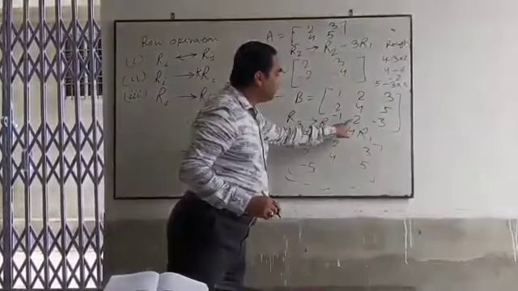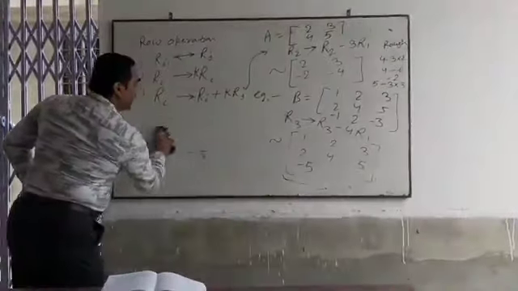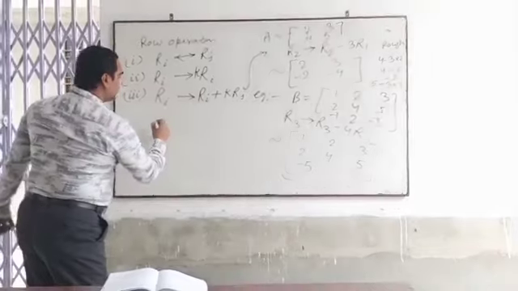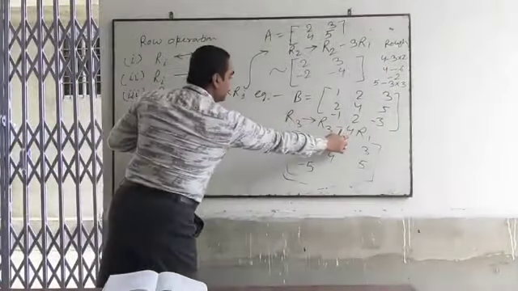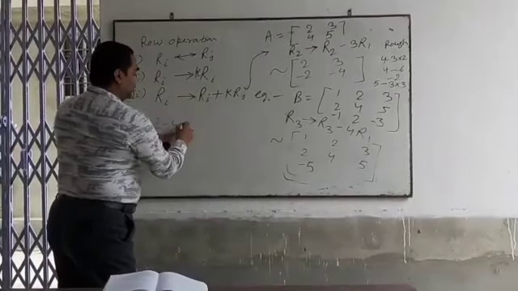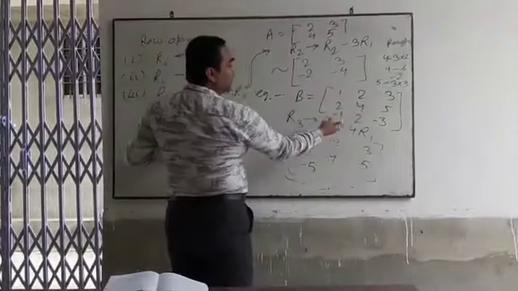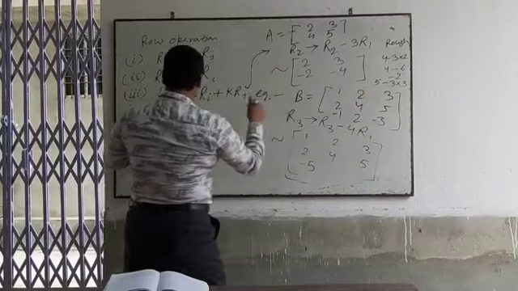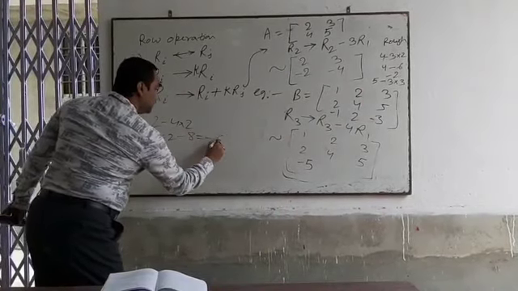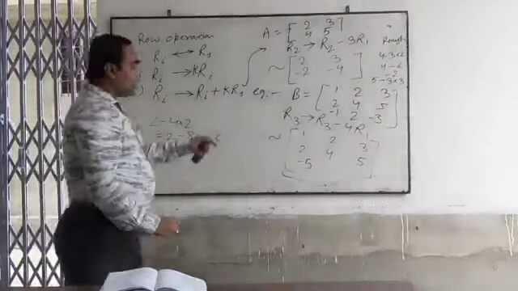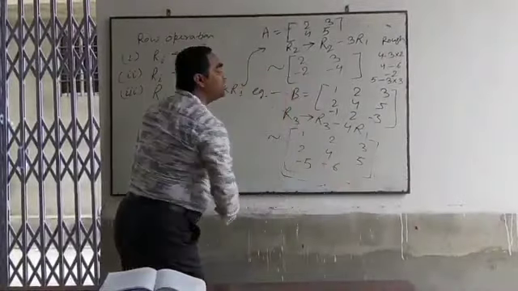Now come to the second portion, 2. For 2, it is R3, 2 minus 4 into R1. What is the corresponding element of 2 here? 2. Put 2 here. It is 2 minus 8, that is minus 6. So minus 6 will be there.